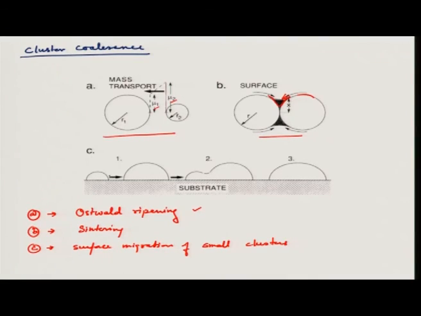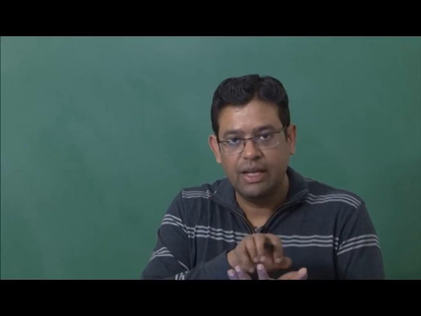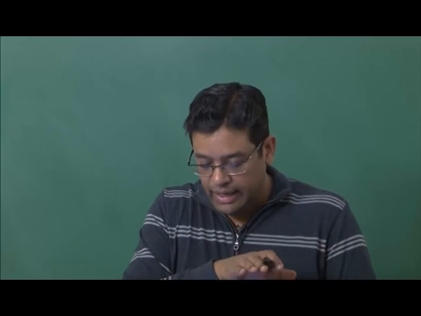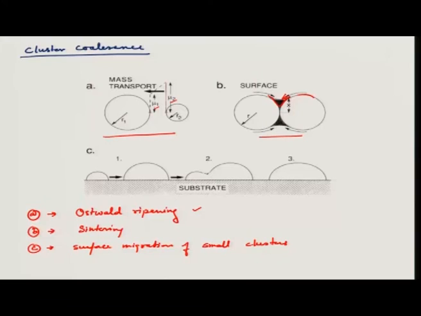Also, small nuclei or clusters can move by surface diffusion. This is a cluster of atoms moving together by surface diffusion in any direction. It may find another larger cluster, and by either mass transport or sintering they will merge to become just one cluster.